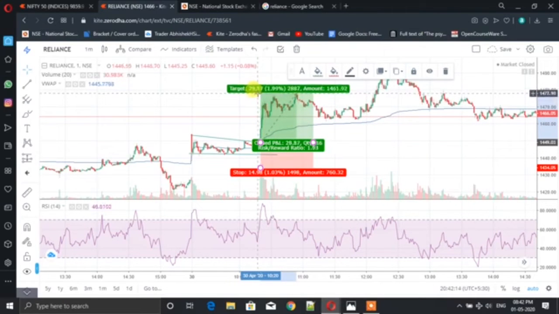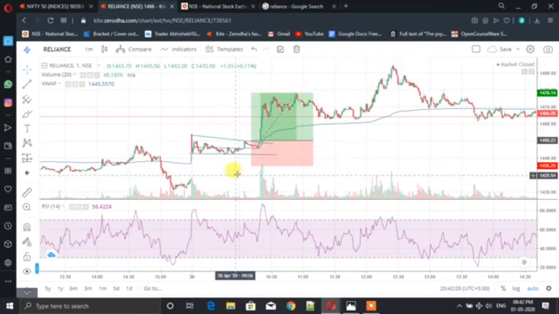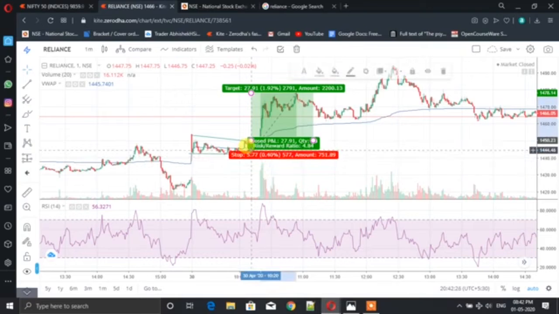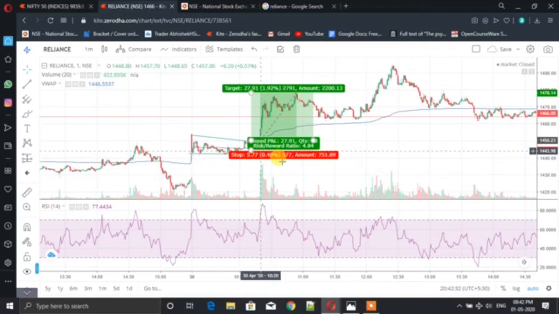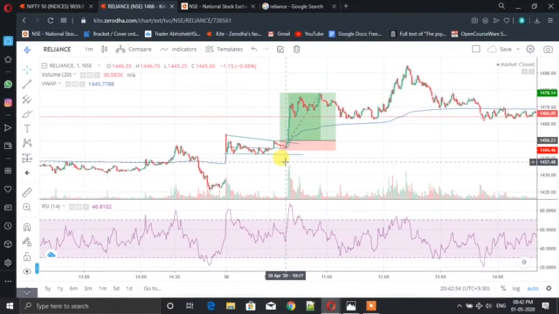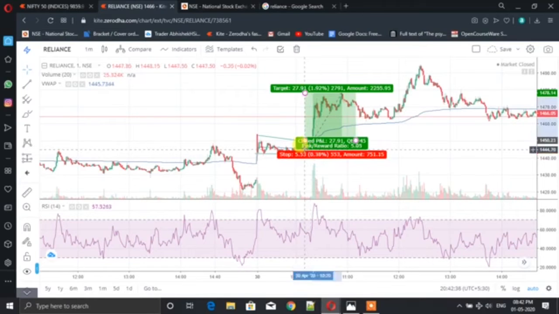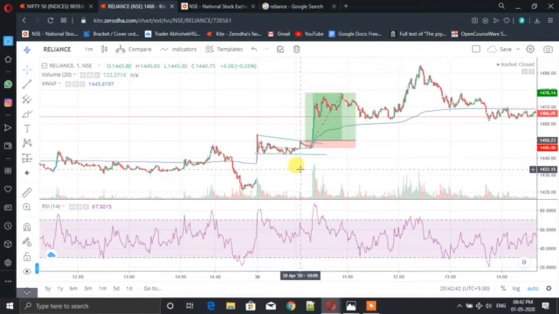So what the breakout will be is around... I'll be explaining this pattern clearly here.